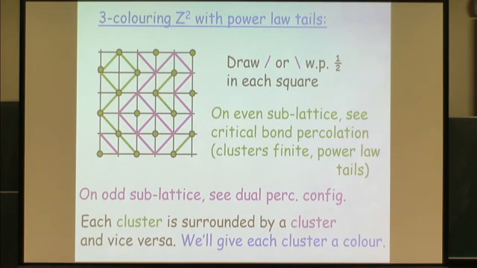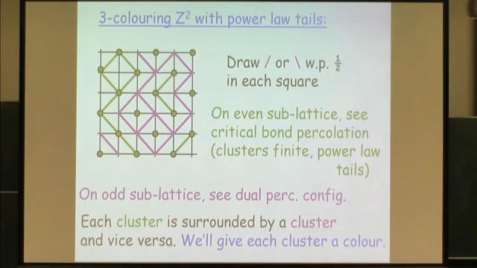So we know everything about that too. That's just another instance of critical bond percolation, and it has lots of nice properties. Every green cluster is surrounded by some pink cluster, and vice versa. Every pink cluster is surrounded by a green cluster.